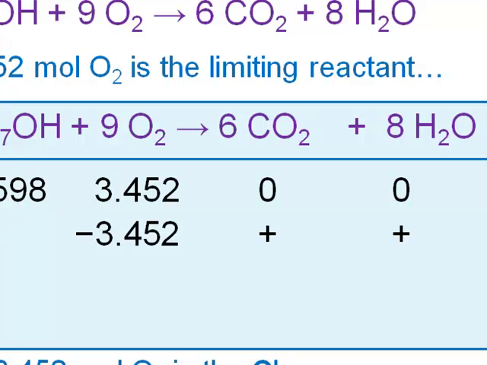Then, do you lose 3.452 of the first reactant? No, because the ratio is not 1 to 1. It's 2 to 9. So instead of being 3.452, it's 2/9 of that. And there's our mole ratio in our ICF table. Then we've got what we're losing from the reactant side, which is becoming a product.